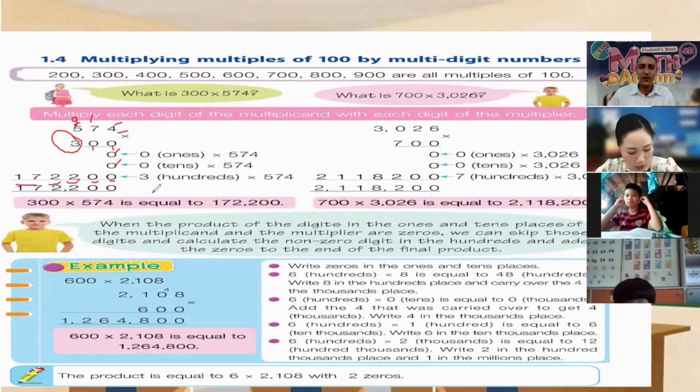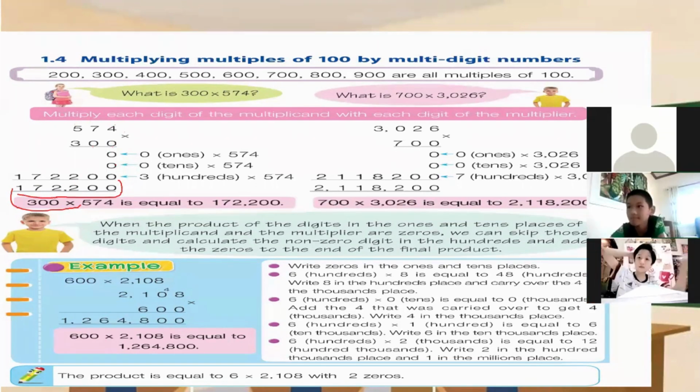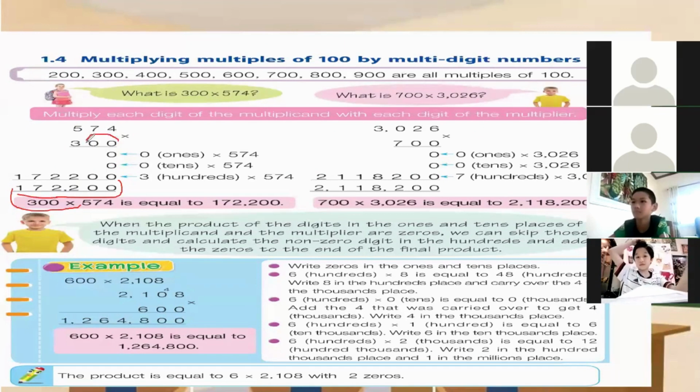So now we get the product. So the product is 172,200. Okay, students, you understand that this is the short form. So here we have to notice, while we are multiplying by hundreds, right, the zeros, if we multiply with 574, the answer will be both zeros.